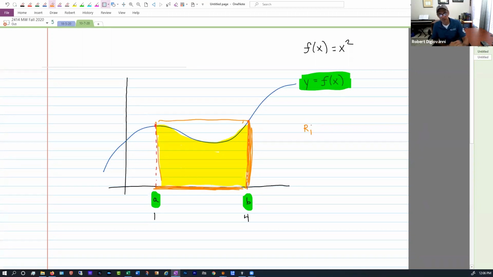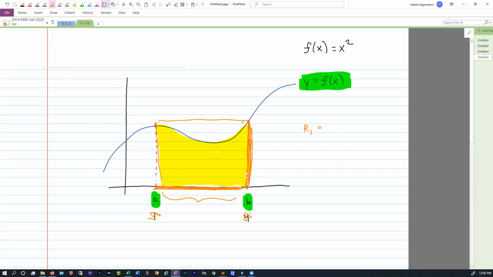Okay, can somebody tell me what the area of that is? Area of any rectangle is length times width, or base times height. Just the two sides multiplied, right? So can someone tell me how wide that is? We're not using 1 and 4. Okay. So I guess A plus B. Close.